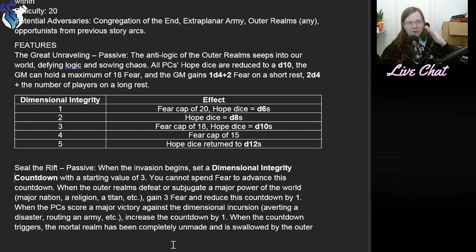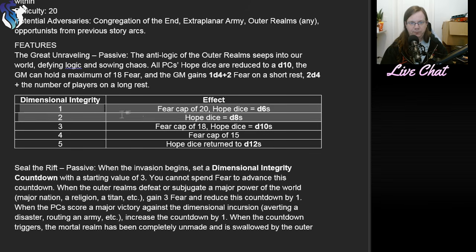But there is a degree to which a tug of war makes sense, because this is a war across the whole world, and when you're losing, it's easier to keep losing, which is definitely a thing.